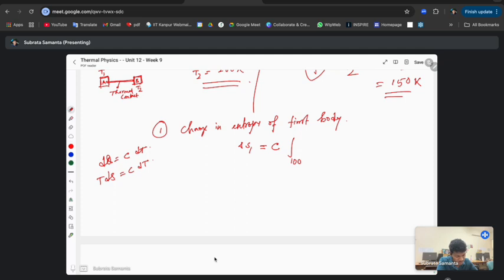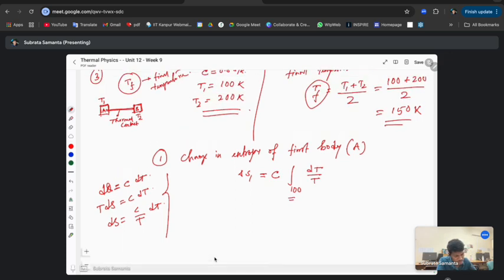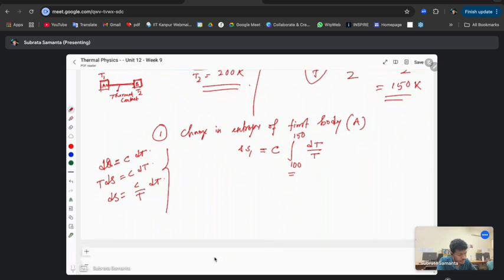As C is the thermal or heat capacity, dS is C over T dT. So C times dT over T, and the temperature changes for the first body A from 100 Kelvin to the final temperature 150. So this is basically C times ln 150 over 100.